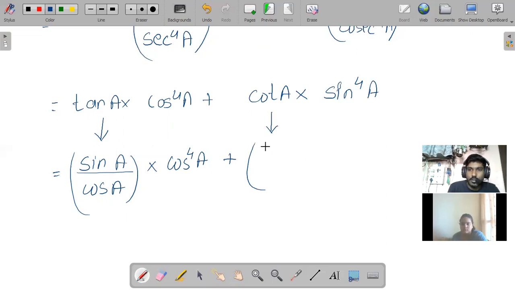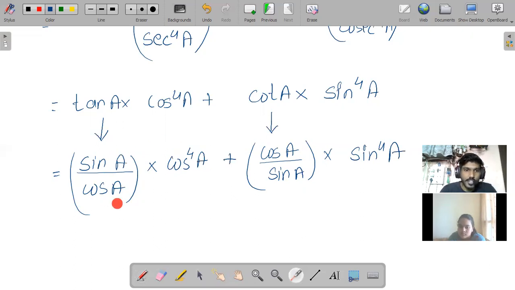Can you tell me what to write the cot as now? What is the formula for cot? Cos A upon sin A, and this into sin raised to 4A as it is.